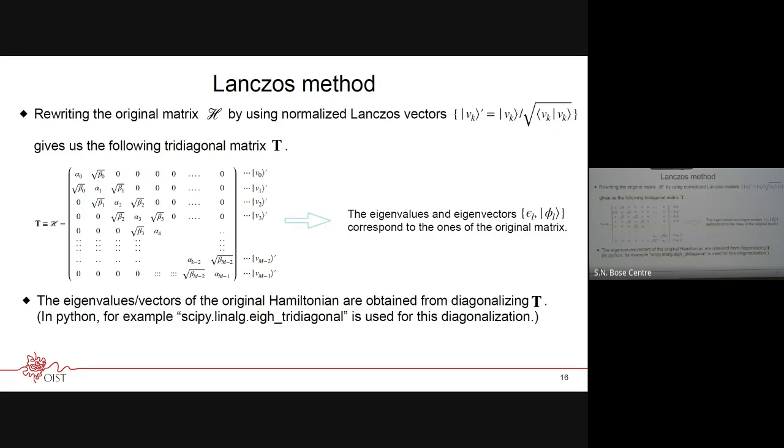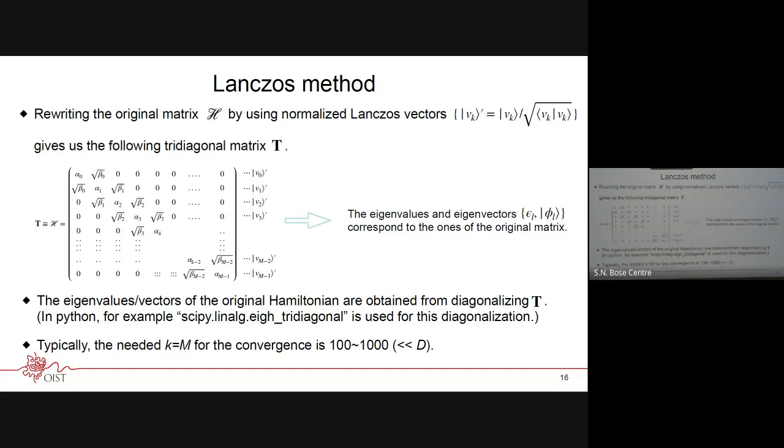Actually, in my Python example code, I use this SciPy eigen tridiagonal routine to diagonalize this tridiagonal matrix D. So it is easy to diagonalize, and we can get the eigenvalues and eigenvectors from this tridiagonal matrix. A good thing to know is the needed k value, which I assume is the large M. This large M value for convergence is just 100 to 1000, much smaller than the dimension of the original matrix Hamiltonian.